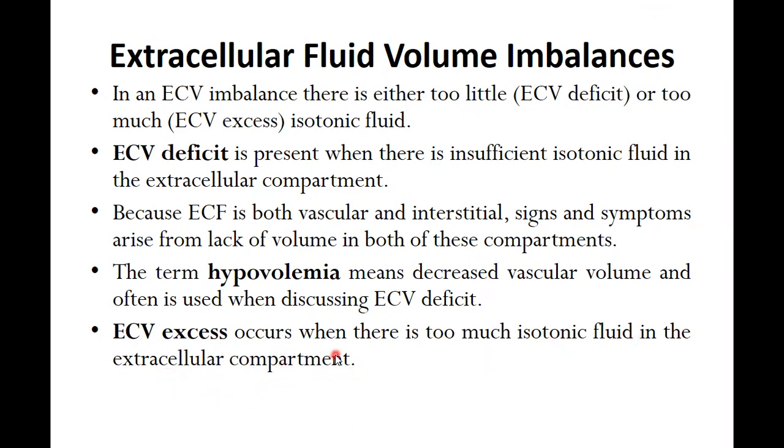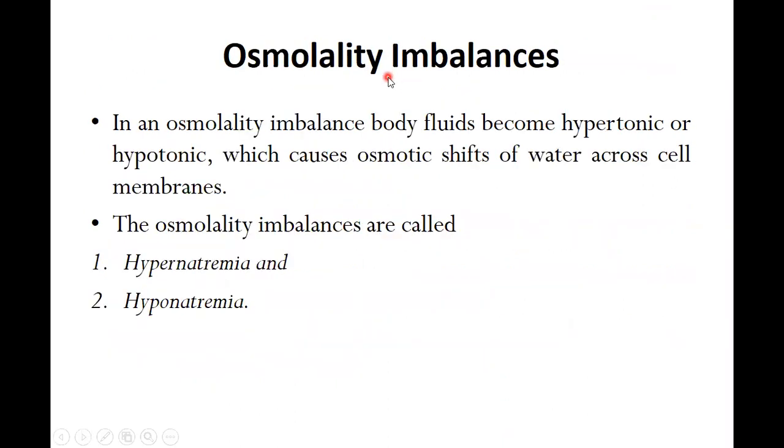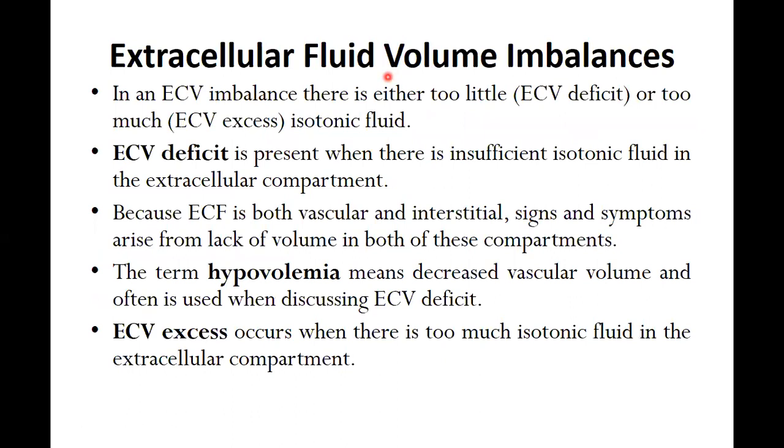That means there's too much fluid both in the intravascular space as well as in the interstitial space, the space outside the blood vessels but not inside the cells. So those are extracellular fluid volume imbalances. You can either have extracellular fluid volume deficit when there is insufficient isotonic fluid in the extracellular compartment, or you can have extracellular fluid volume excess where there is too much isotonic fluid in the extracellular compartment.